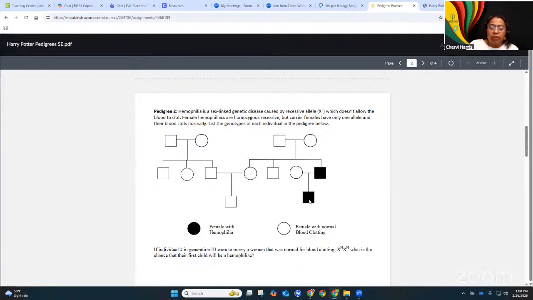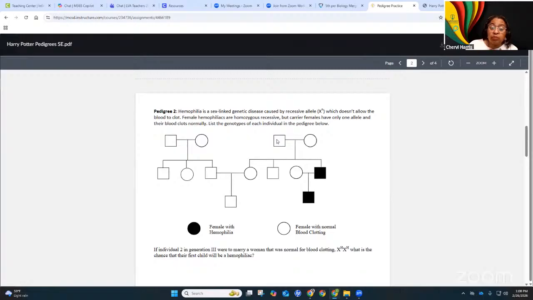So we have to figure out, they probably didn't have the gene for hemophilia, but this set of grandparents did. Because these two cannot have hemophilia if they didn't get it from mom or dad. Actually, they had to get it from mom because dad doesn't have hemophilia. So his X has to be normal.